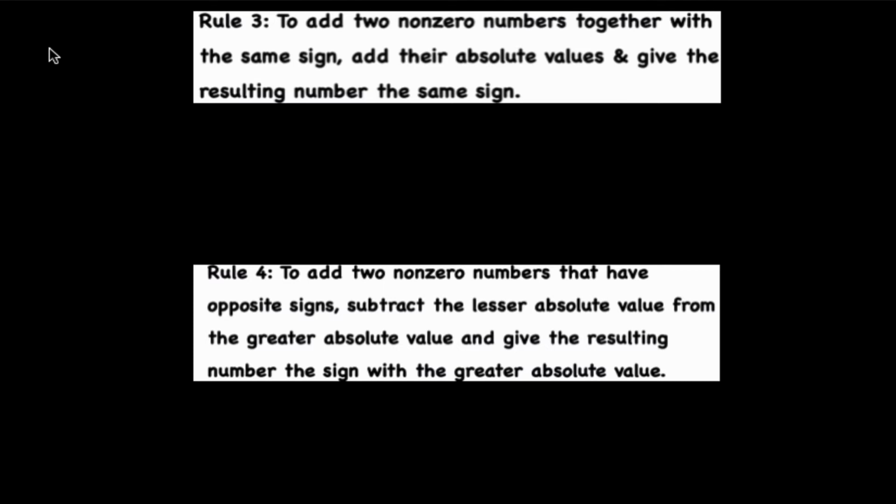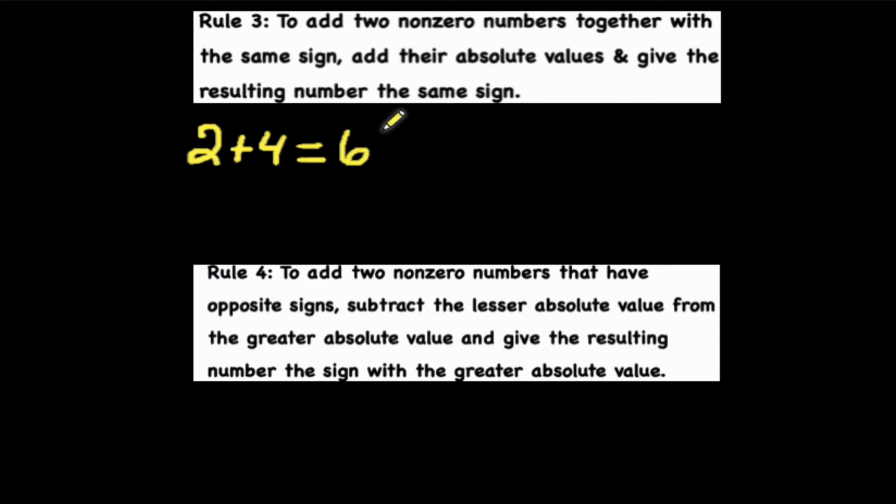For example, if you have 2 plus 4, that's equal to 6, right? And it's equal to +6 because both numbers have a positive sign. We have a positive 2 and a positive 4. When you add them together, it results in positive 6.